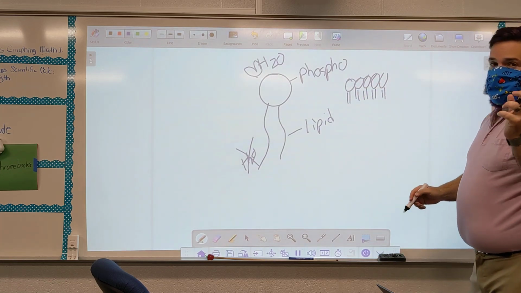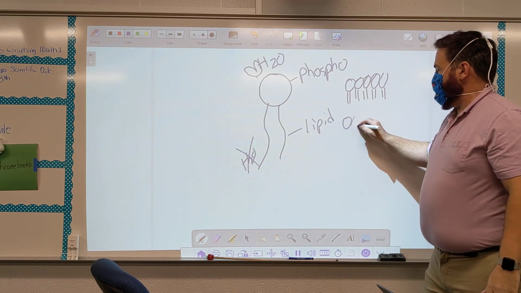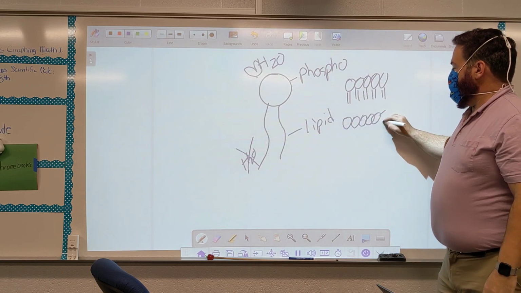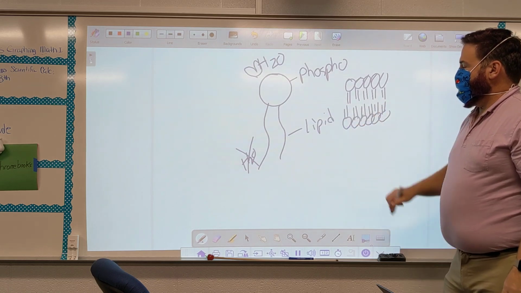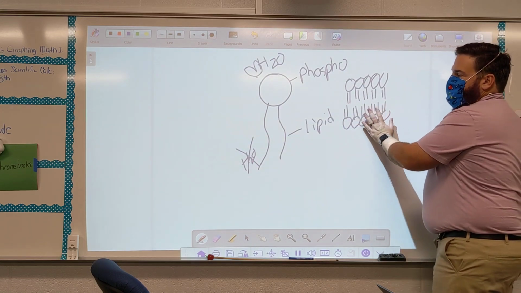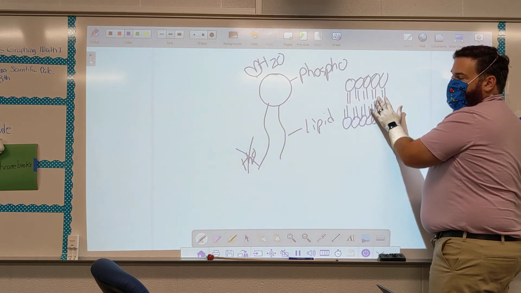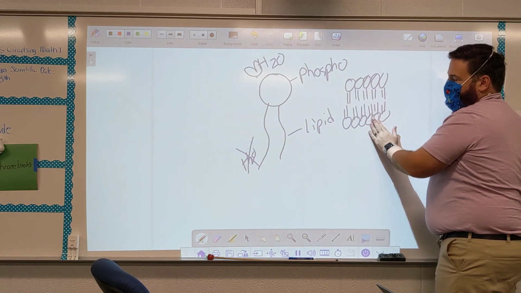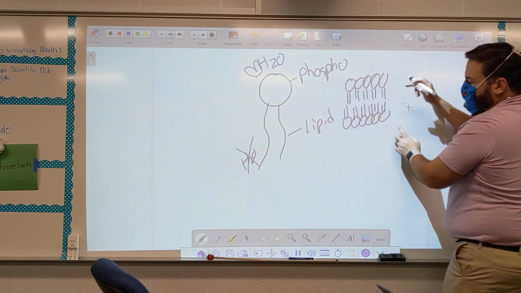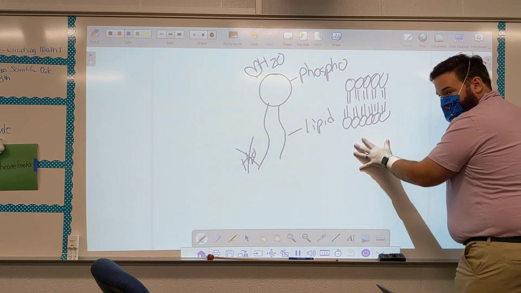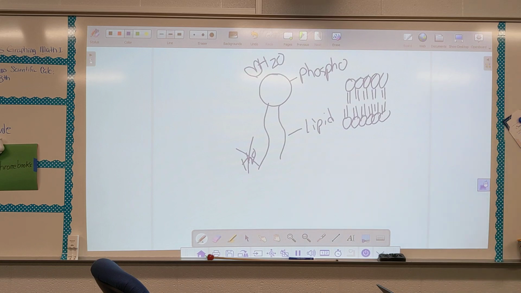And then if some more come along, then they can line up on the other side. And so now we have a phospholipid bilayer. And this can keep going around and it can make a full circle. That's a plasma membrane. And then you have a plasma membrane.